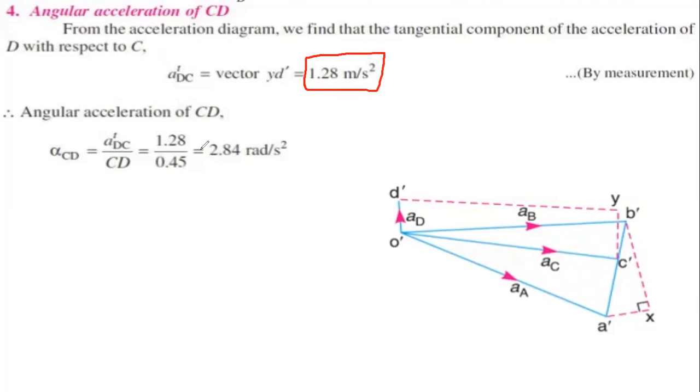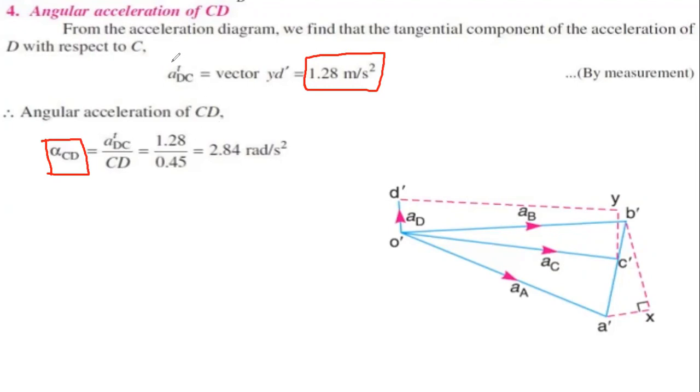Next, we need to find the angular acceleration of CD. Angular acceleration of CD is taken as alpha CD, that is tangential component of the acceleration dc by cd.